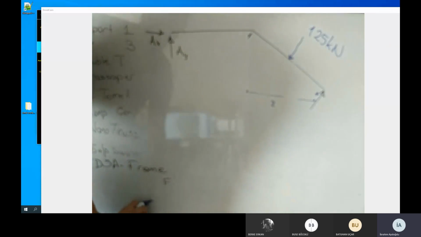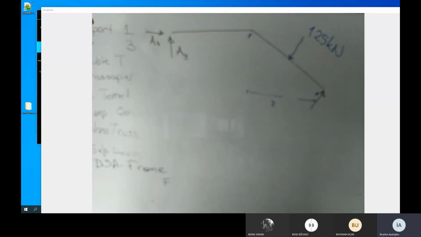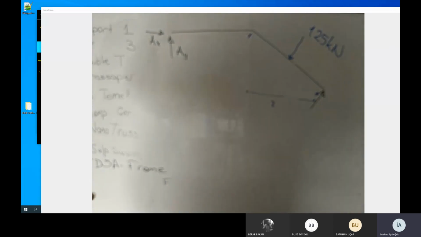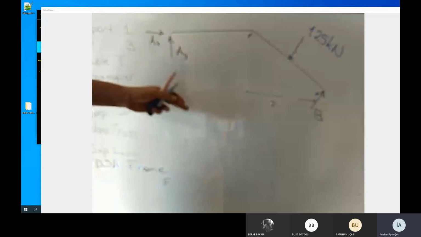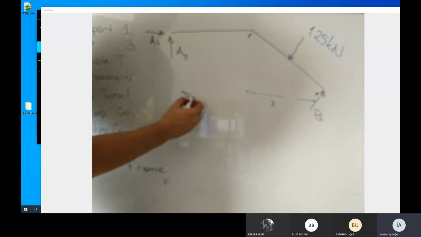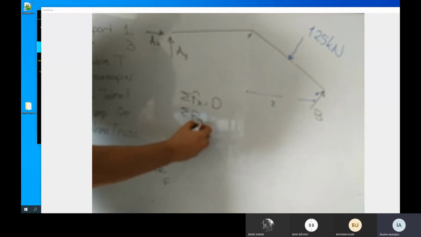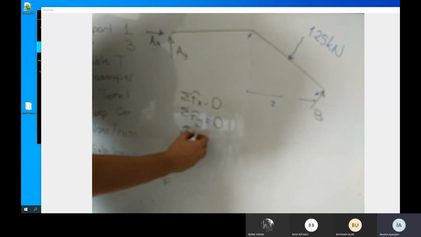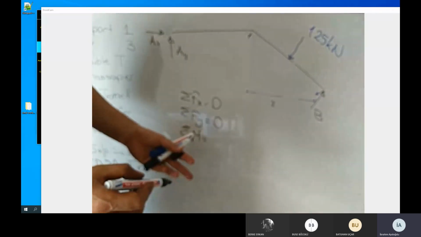Now I want two options to find joint reaction B. What are our equilibrium equations? We have sigma Fx equal to 0, sigma Fy equal to 0, and sigma moment about any point equal to 0.